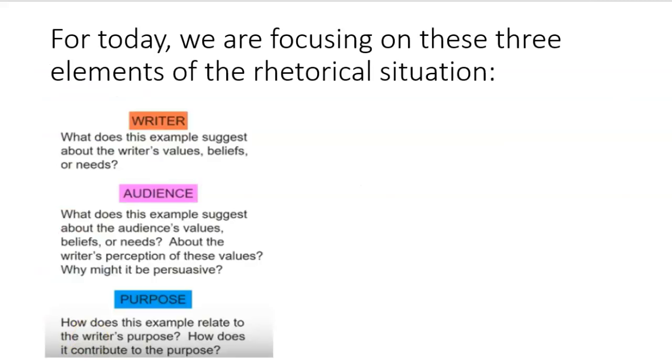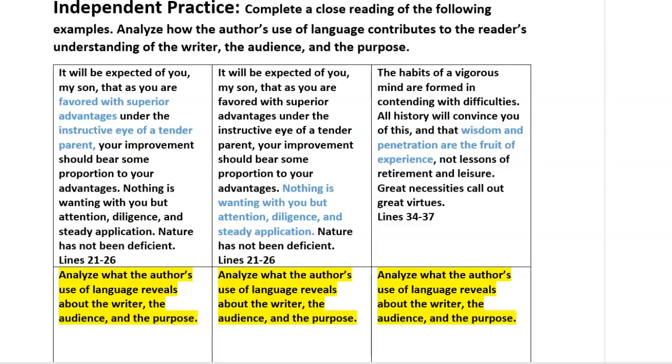And so let's get started. For practice analyzing a text or the author's use of language and how it applies to the rhetorical situation, today you're going to read 3 sections of the Abigail Adams letter. We're going to be closely reading these sections, analyzing how the author's use of language contributes to the reader's understanding of the writer, the audience, and the purpose.